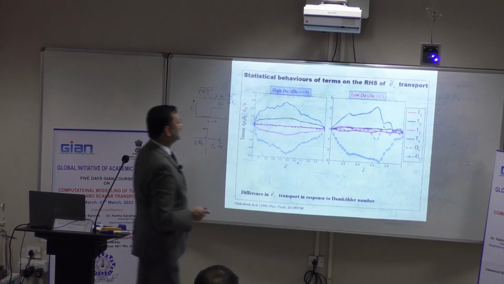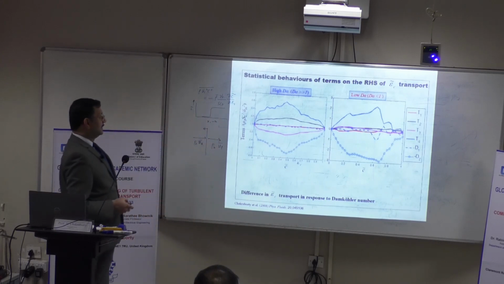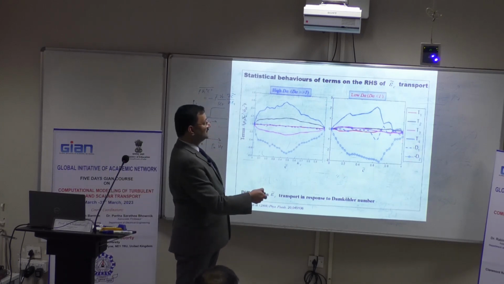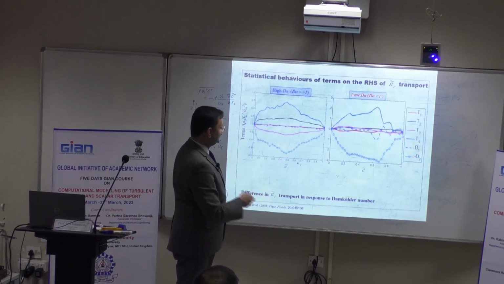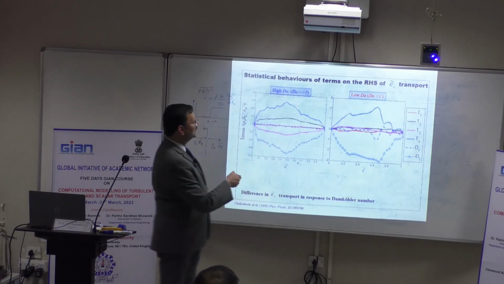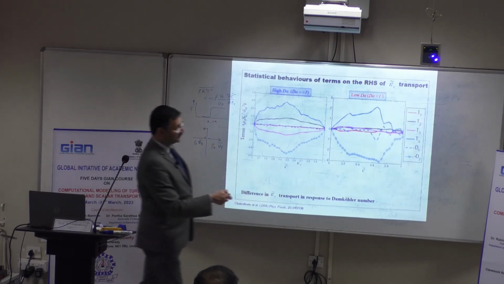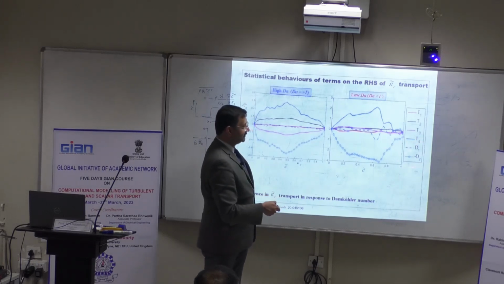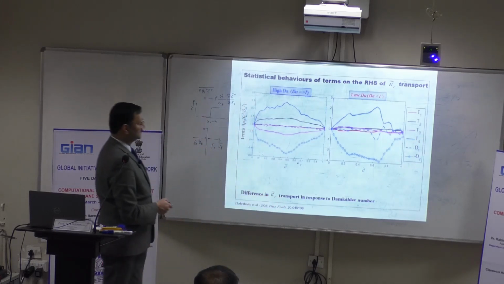This is how those terms behave for high Damköhler number and low Damköhler number situations. D4 is the reaction rate term, minus D2 is the dissipation rate term. So these two are the leading order terms, the reaction rate term and the molecular dissipation term.